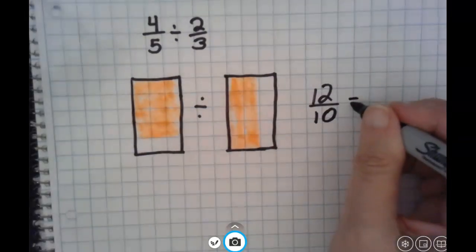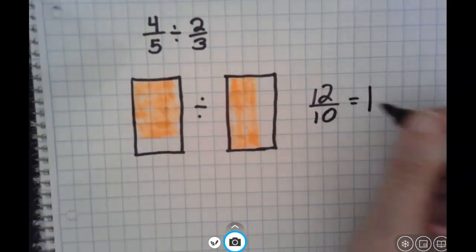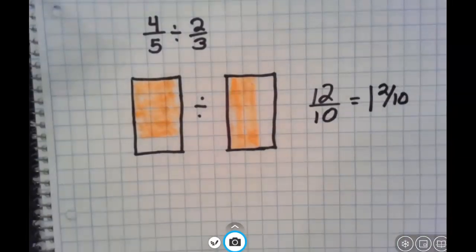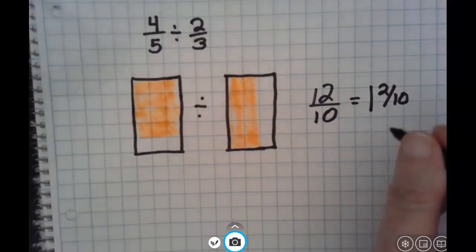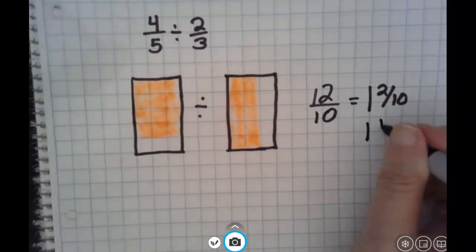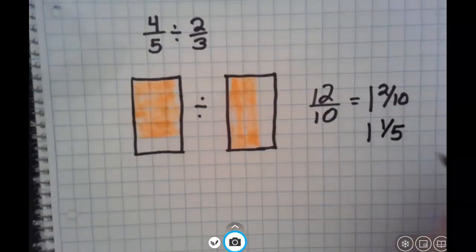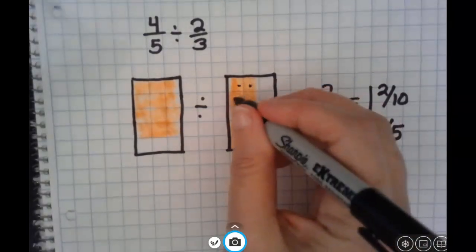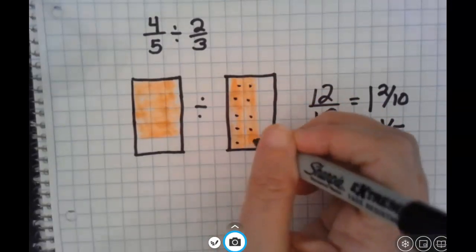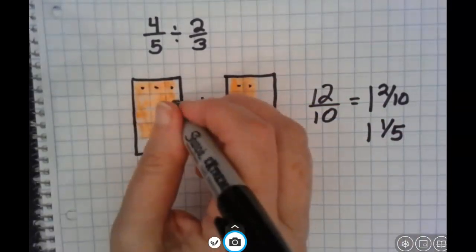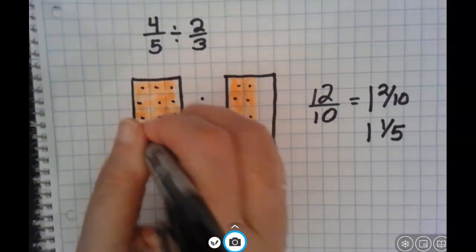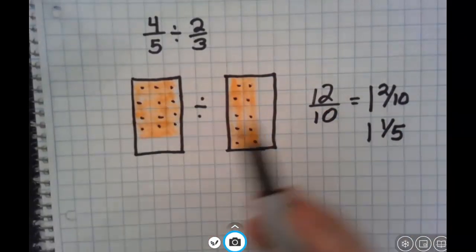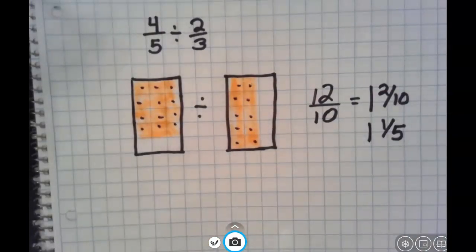Well, this is improper, so 10 can go into 12 one time, and I have 2 tenths left over. You could make that simpler. You could say 1 and 1/5. It's like we're saying, how many times can these 10 go into these 12? Well, 10 can go into this 12 once, and we would have 2 left over.